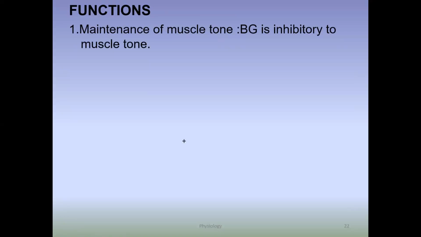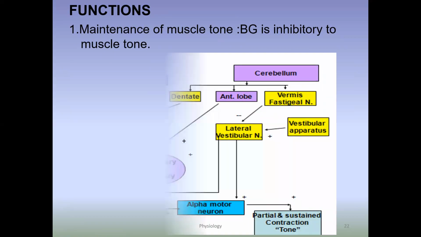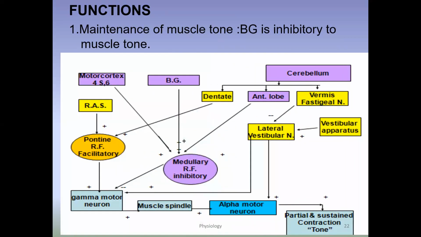What are the functions of the basal ganglia? The first important function is maintenance of muscle tone. Basal ganglia is inhibitory to the muscle tone. Now how? This diagram we have already seen in the reticular formation. There are two components of the reticular formation: the ascending activating system and the descending system. The descending system has two components: the pontine reticular formation facilitatory area and the medullary reticular formation inhibitory area.